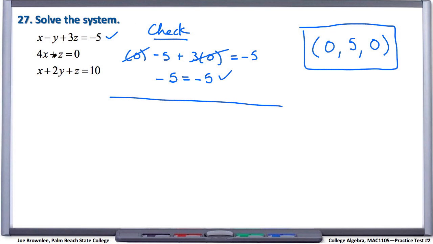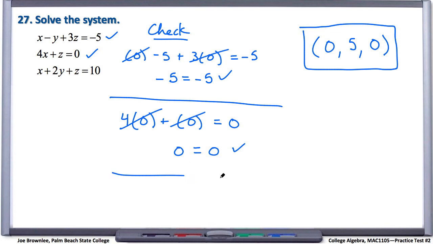Let's see if it works in equation 2, x and z. So 4 times 0 plus z, which is 0, equals 0. Well, 4 times 0 goes away, plus 0, so we're left with 0 equals 0. It works in equation 2. And last but not least, let's make sure that it works in this third equation here.